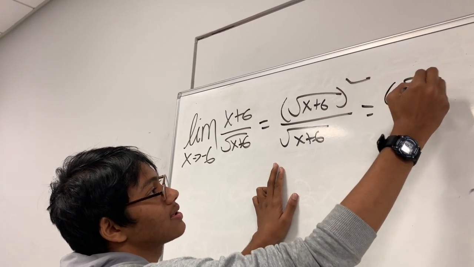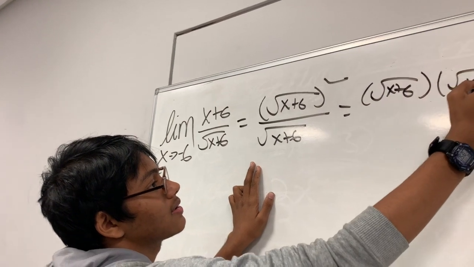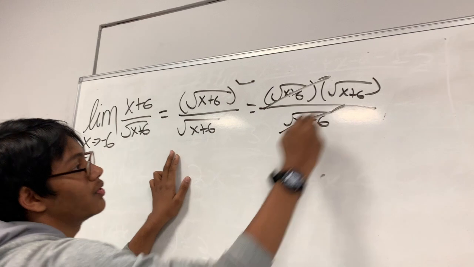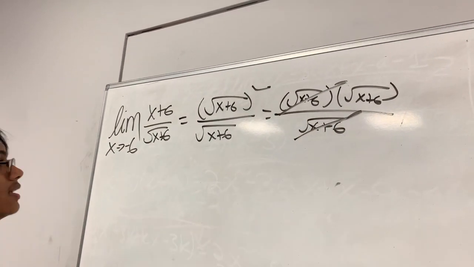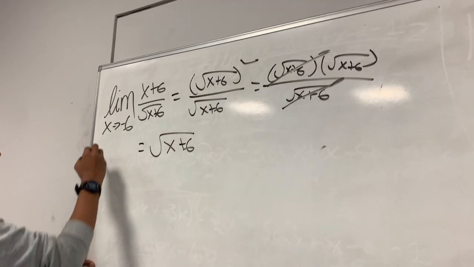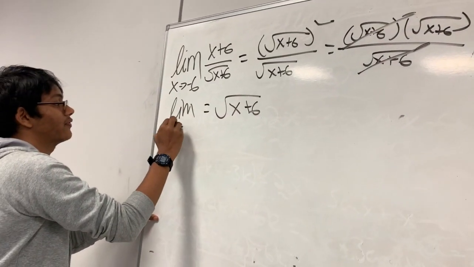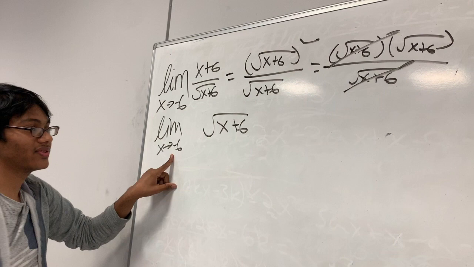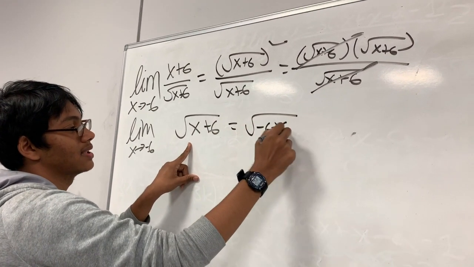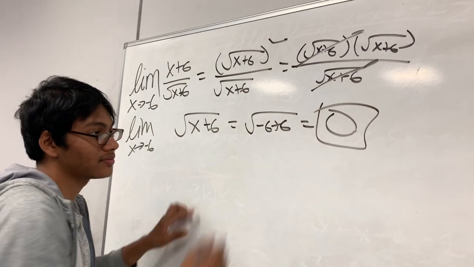This becomes x plus 6 over square root of x plus 6, and now we can remove this discontinuity, and we're left with square root of x plus 6, and obviously the limit as x approaches -6 of this function is just going to be -6 plus 6, which is 0.